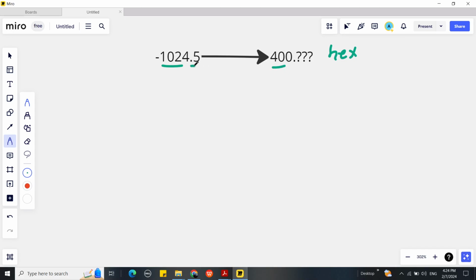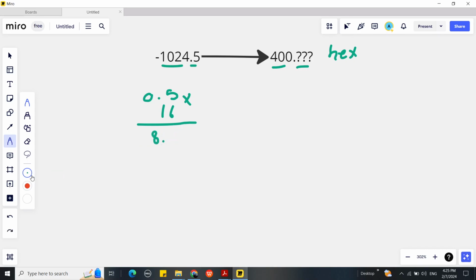Now I want to know what 0.5 is as a hexa number. So basically, you just write 0.5 and multiply it by 16. And what is the answer? 16 times half is 8.0.